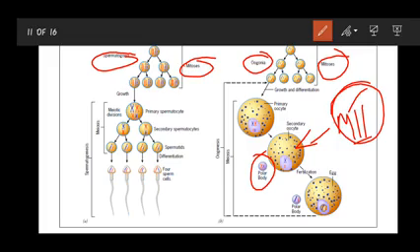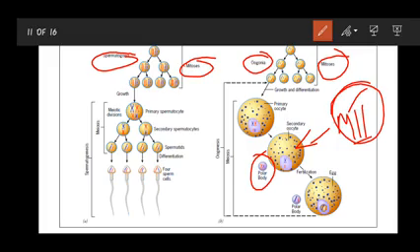So that is the main difference between oogenesis and spermatogenesis. Coming to spermatogenesis, as I said, it is a very fast event. There is no arrest, as we saw in oogenesis. At puberty, at the age of 12 or 14 in a boy, the process is initiated, and it happens at a very rapid speed.